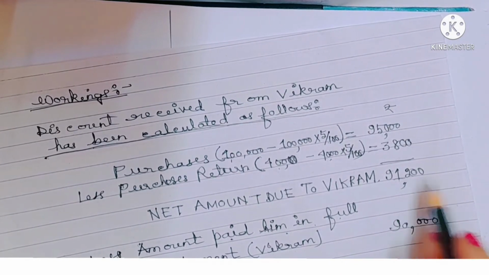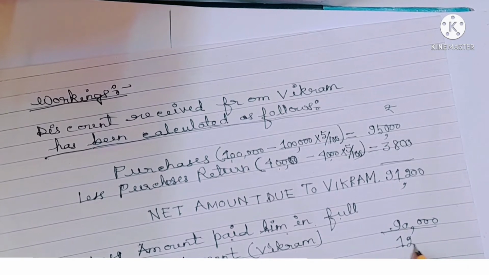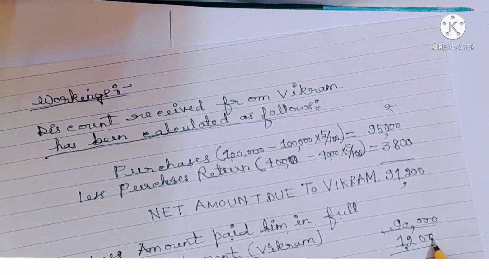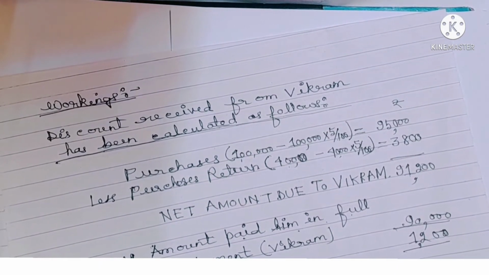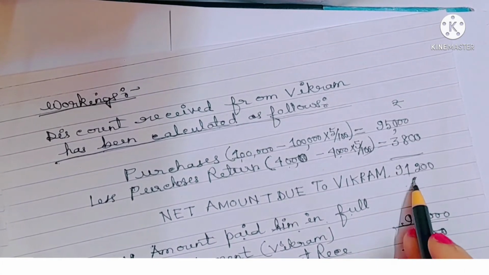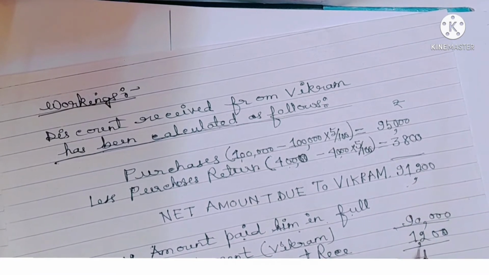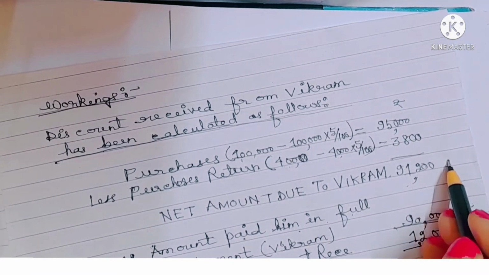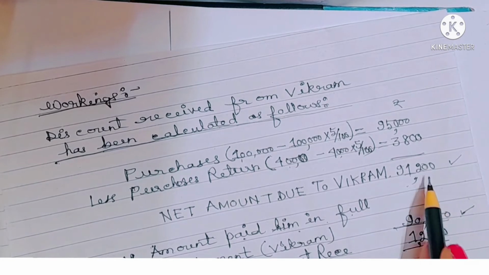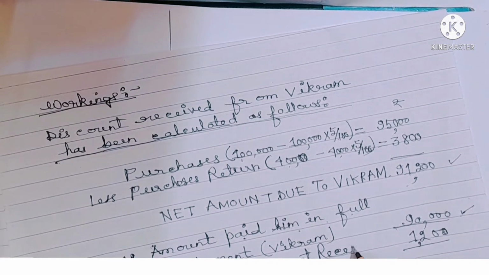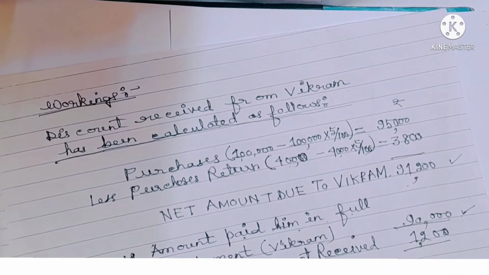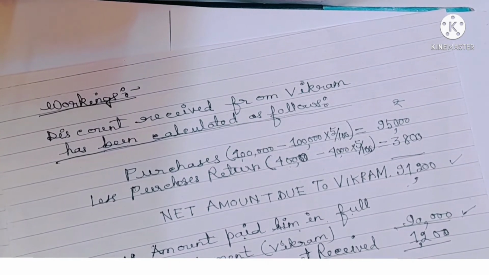Why are we paying less, 1,200? That means we are receiving discount from him. We were supposed to pay 91,200, but we are paying him 90,000 in full settlement. So we are paying him 1,200 less. This 1,200 is the discount received from Vikram. Understood? Clear?